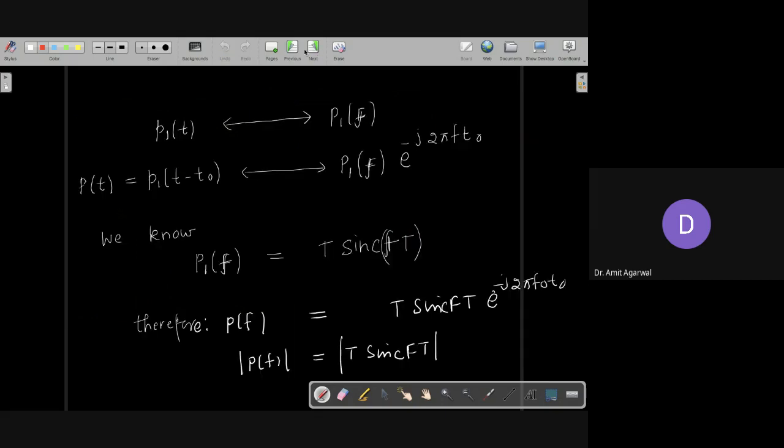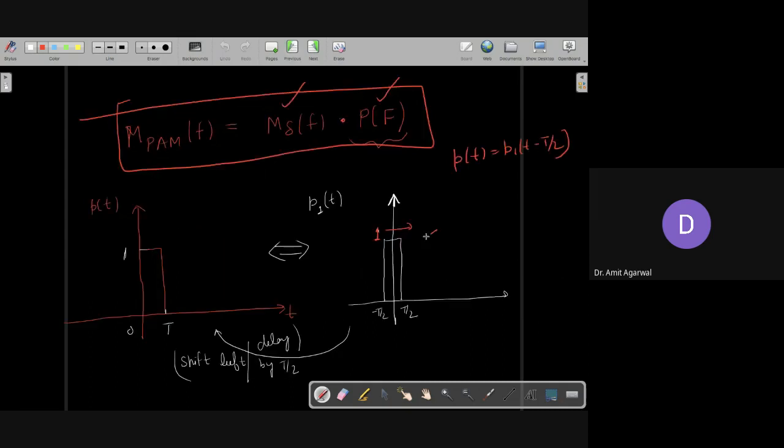So if p1(t) has a spectra P1(f), that you know, which is nothing but T sinc(fT), ठीक है? That you know. So shifted का कैसे निकालोगे?